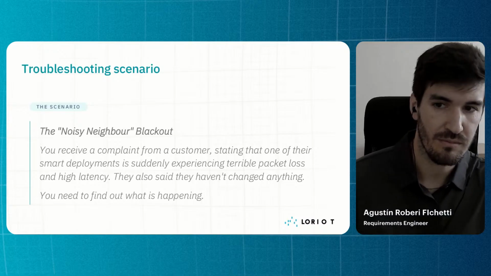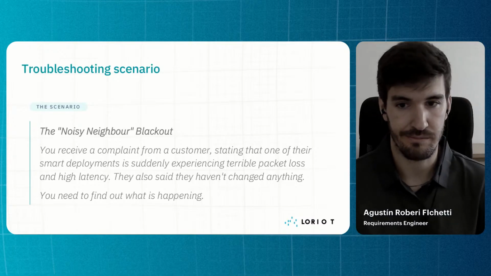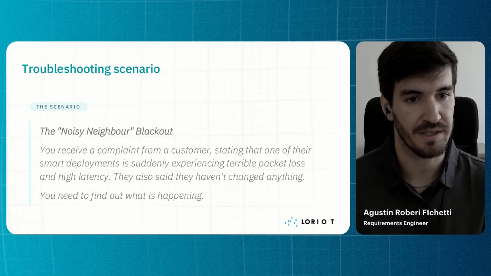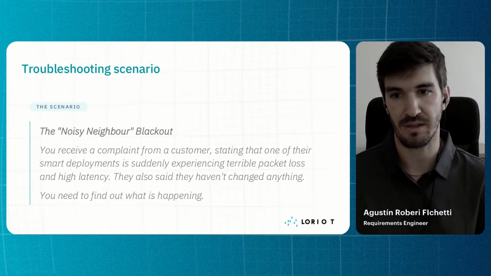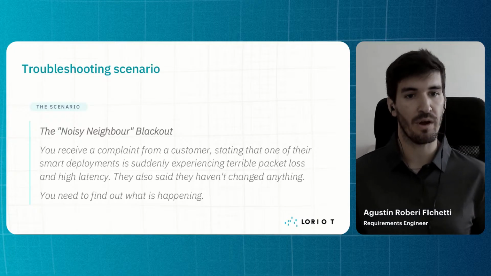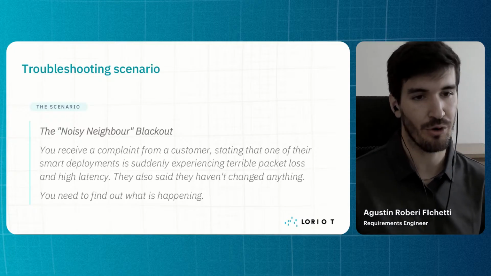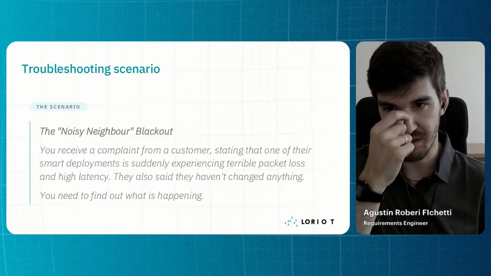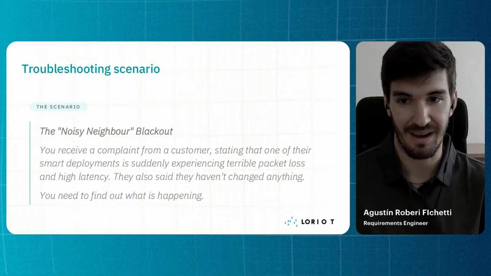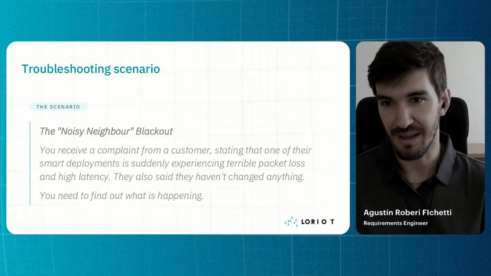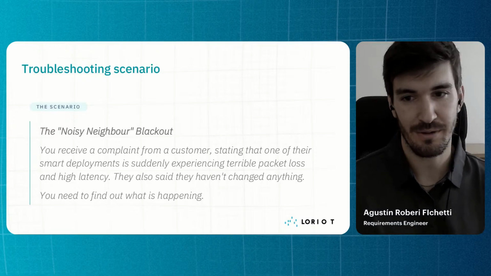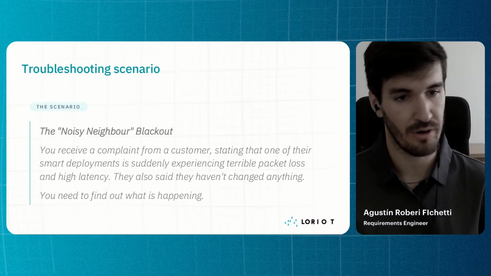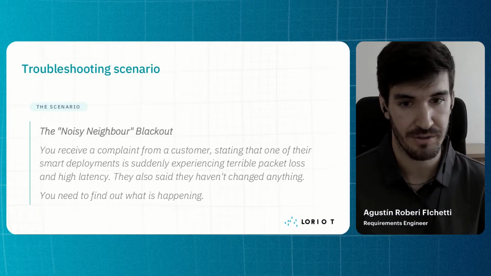To continue, before going through the core features and characteristics of the NIP, I would like to present it in a different way, by going through a sample scenario which some of you may be familiar with. I call it the noisy neighbor blackout. For example, you receive a complaint from a customer. You're an IoT network manager.